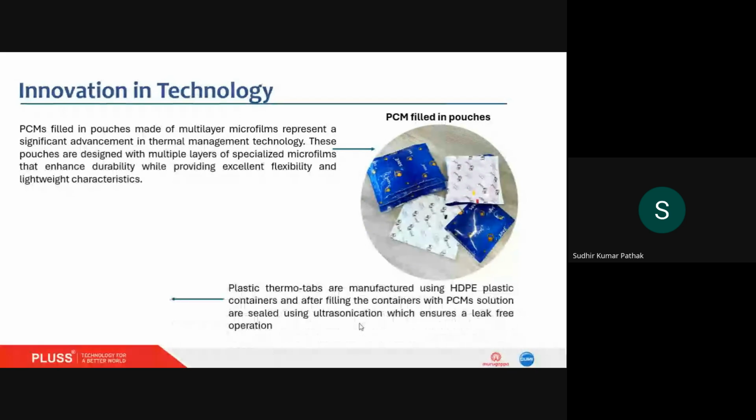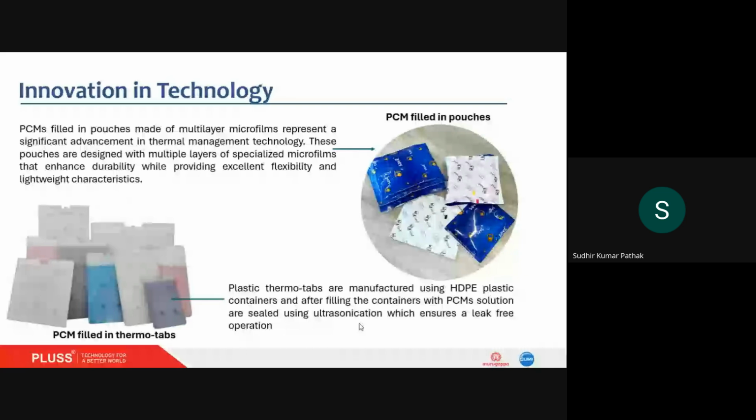If we fill the PCM in tabs, which are generally made of HDPE plastic, they ensure leak-proof encapsulation and easily integrate to the walls of the cold room or chest freezers, and at the ceiling of the roof in building applications. These are the innovations where PCMs are encapsulated in different forms for their applications.